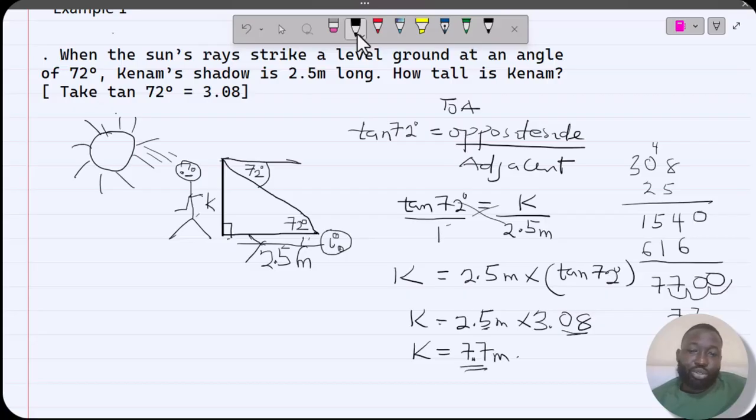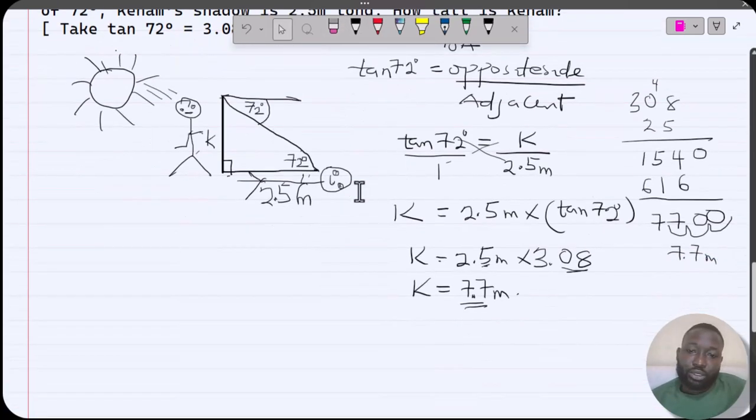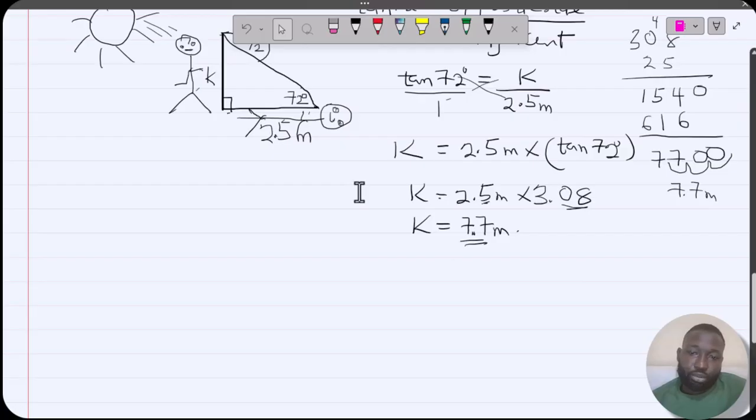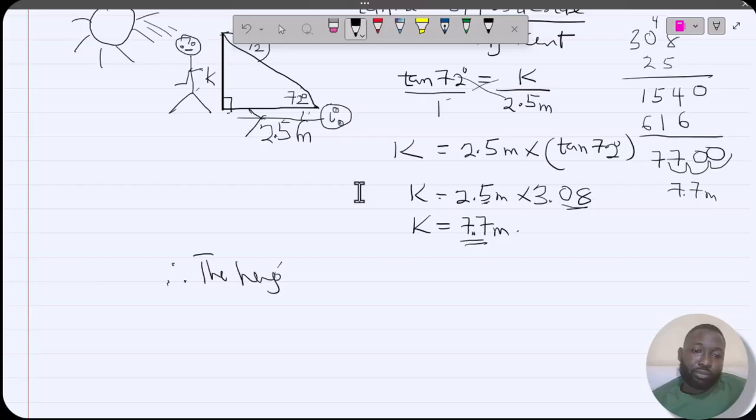So we can conclude that the height of Kinam is 7.7 meters.